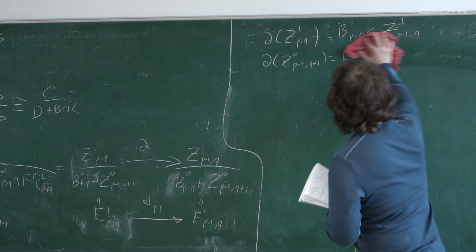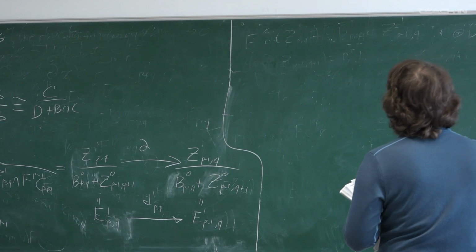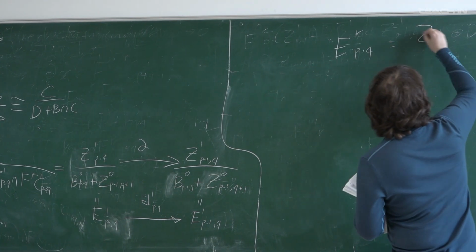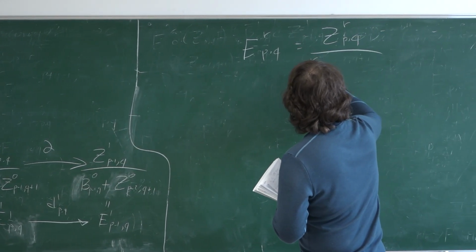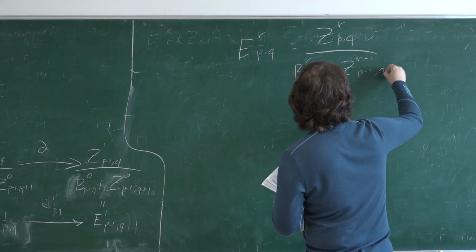And I can do this in general. In general, I can define E R PQ as Z R PQ modulo B R PQ plus Z R minus 1 P minus 1 Q plus 1.